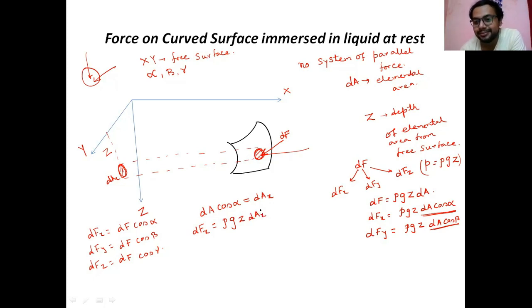So dAx is dA cos theta. You get back to this equation. So a curved surface problem we are converting into a plane surface problem in this manner.